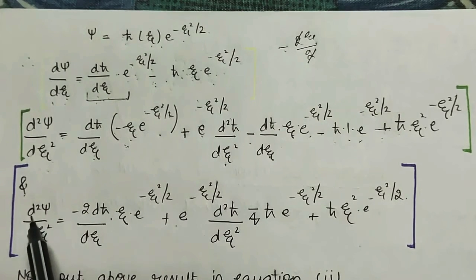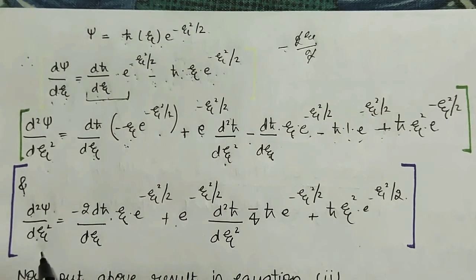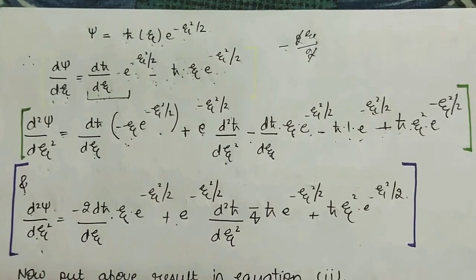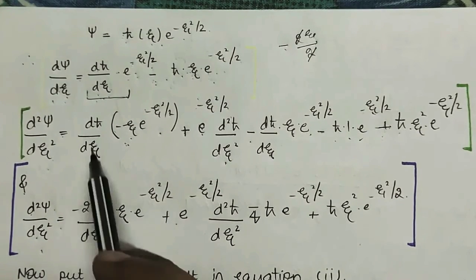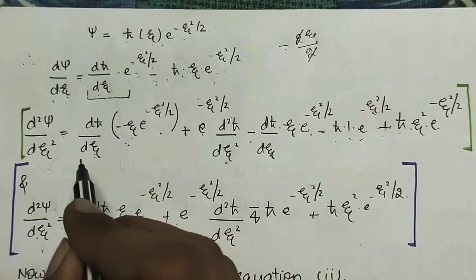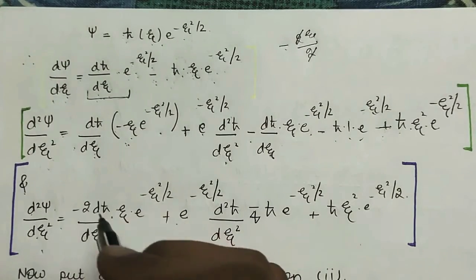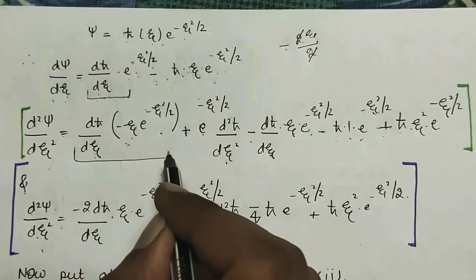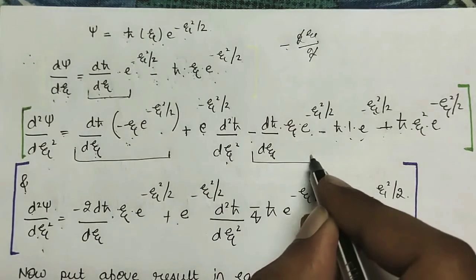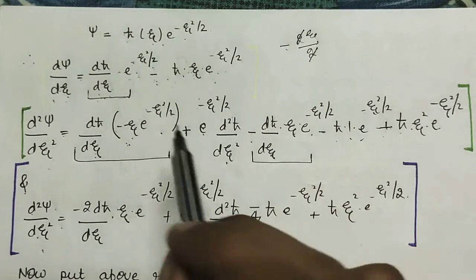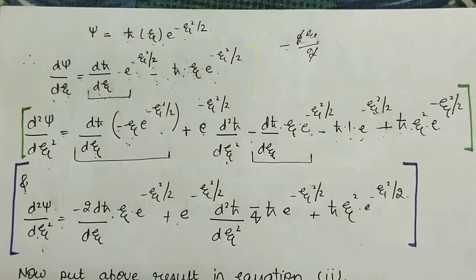Now del 2 psi upon del j square equals this function, and this is same, this minus sign, and here it's minus sign is this.